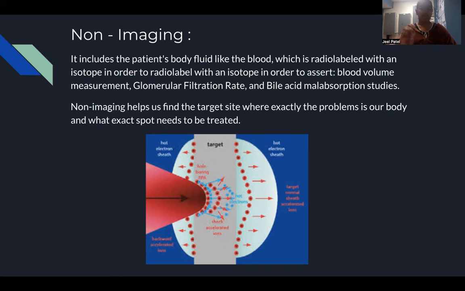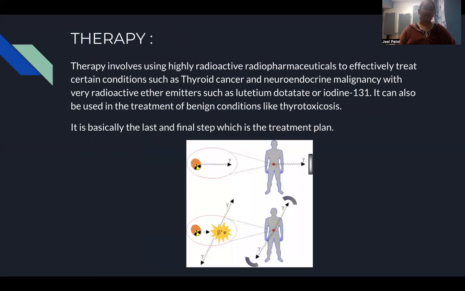If we are having cancer, let's say endocrine cancer, where exactly the targeted cell is can be found in this non-imaging stage. The blood is radio labeled with the isotope, and then we can find exactly where the problem is in our body.